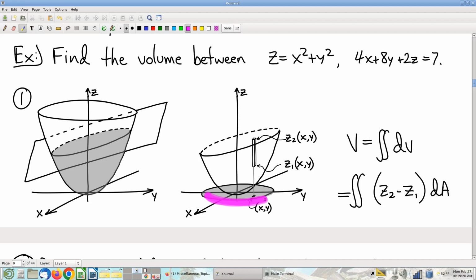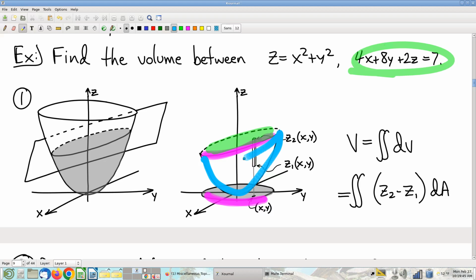Where that comes from is that it's the projection of this edge, and that edge is where these two surfaces intersect. That's where this surface, namely the plane, intersects with this surface here, namely the paraboloid. Everybody with me so far?